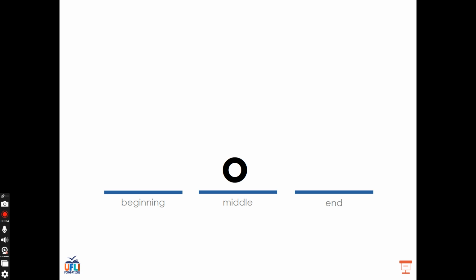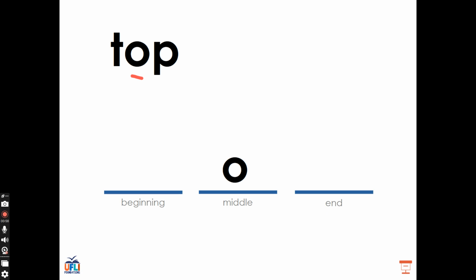O is one of our 5 vowels, so we most often see it in the middle of a word. You can see it here in the middle of a CVC word. CVC stands for consonant, vowel, consonant, and the vowel here is, of course, the letter O. We see this in words like top, where the O is in the middle.